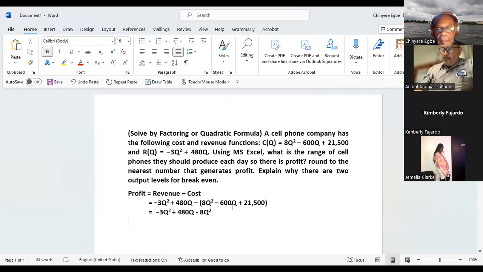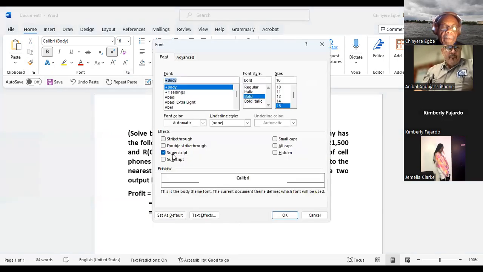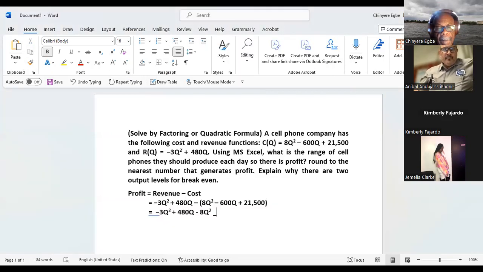Now minus times minus 600 will become a plus 600Q, and minus times minus 21,500 will be a minus 21,500.